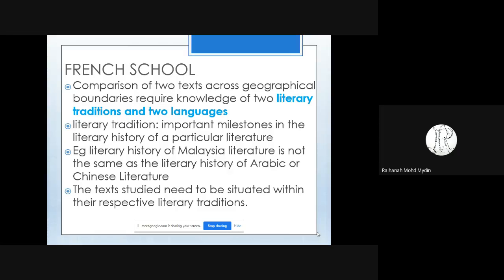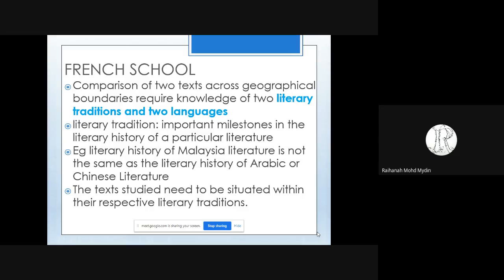With the French school, the comparison of two texts across geographical boundaries requires knowledge of two literary traditions and two languages. So for instance, what we did just now, reading I, Too in English and Identity Card by Mahmoud Darwish in English, i.e. the translated version, would not fit the parameters of comparative literature within the French school.